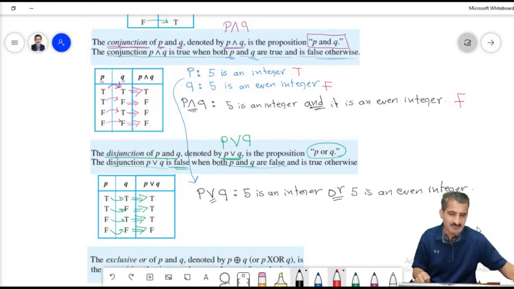So is that statement true? 5 is an integer or it is an even integer. The whole statement is true because one of them is true. So the compound statement is true. Okay, good.